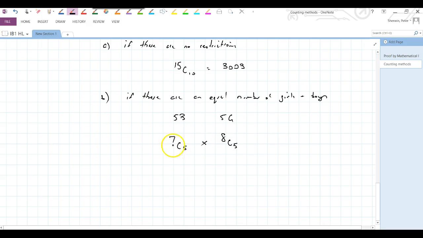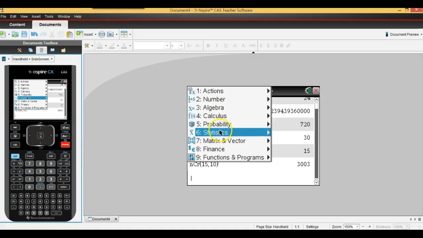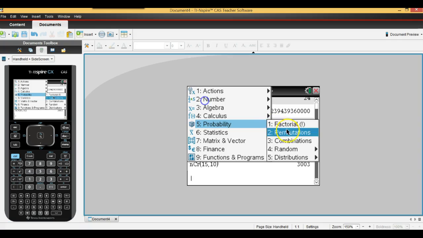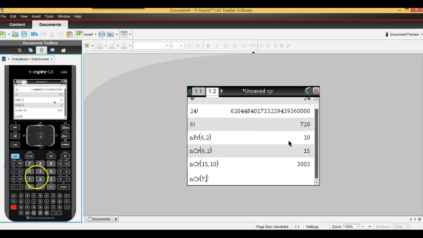Now I'm going to bring in some notation here. Rather than writing 7C5, we're going to write it almost in vector form, 7, 5 and 8, 5. That is recognized as 7C5 times 8C5. So in we go and calculate that. It's probability, combinations, 7, 5.